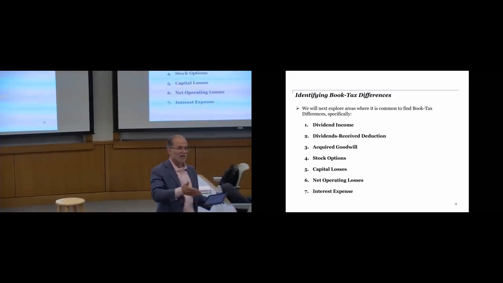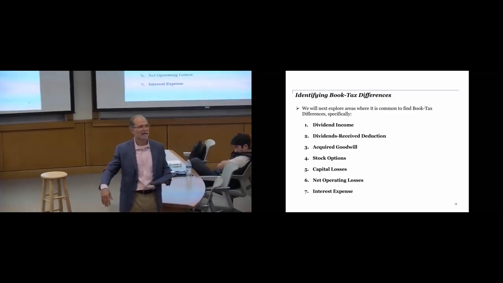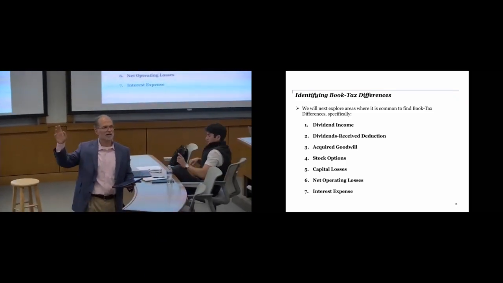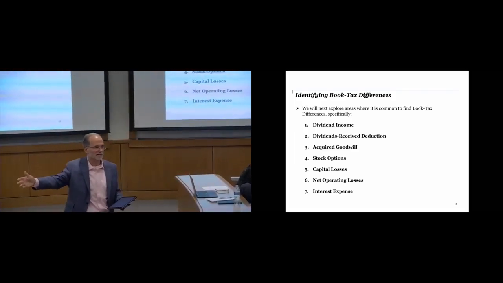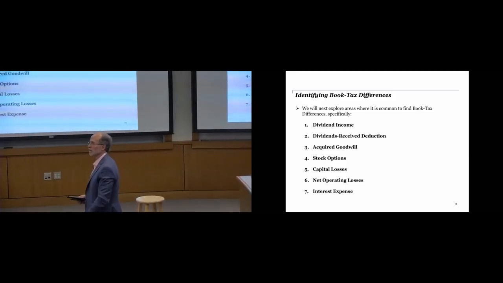Now, in practice, it could be permanent, right? Like if you lose money forever, you're never going to get that attribute. But the accounting literature thinks like, well, ultimately, if you're in business, you're going to make money, so you'll be able to utilize it at some point in time. So, yes, a temporary item will ultimately get you the same number.